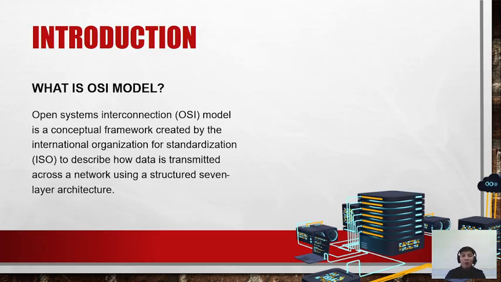Before the OSI model was introduced, different systems had difficulty communicating with each other because they followed different standards. So the OSI model was created to provide a standard structure consisting of 7 layers, where each layer has a specific function.